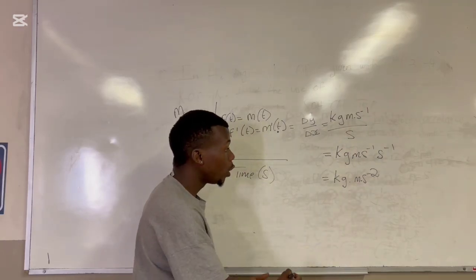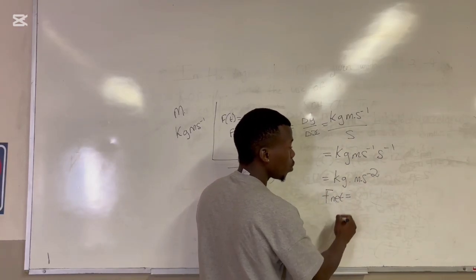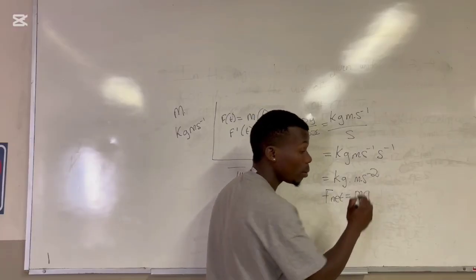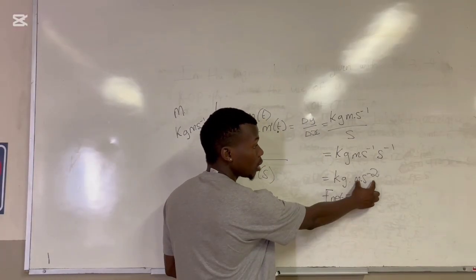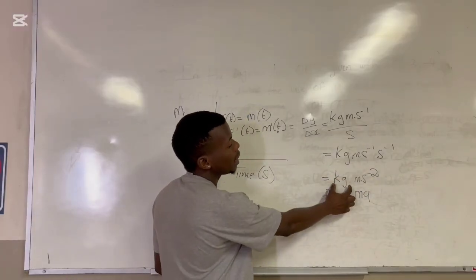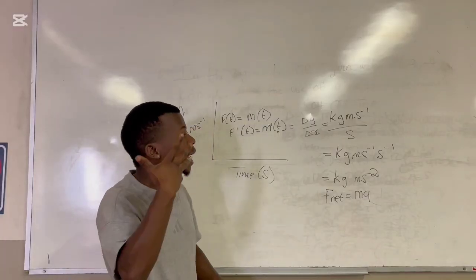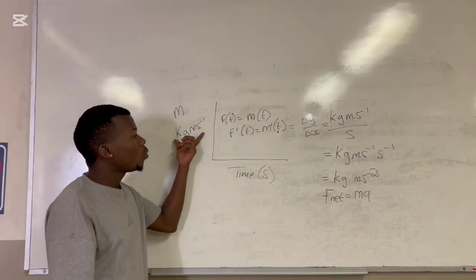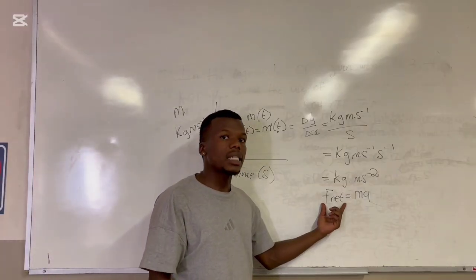And we know that F net, the resultant force, is equal to mass multiplied by acceleration, which has this unit, kg multiplied by meters per second squared. In other words, the rate of change of momentum with respect to time is always equal to the resultant force.